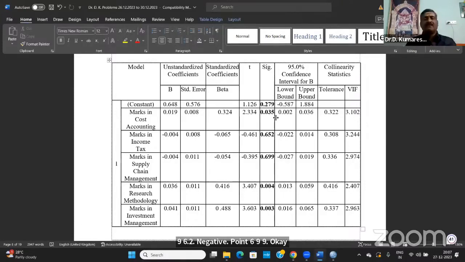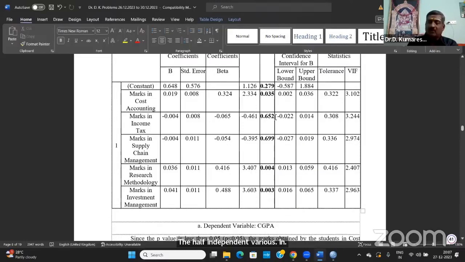So in this case, we understand that as the P value decreases, the influence increases. As the P value decreases, the coefficient of independent variables increases. That's it. So come to the equation.